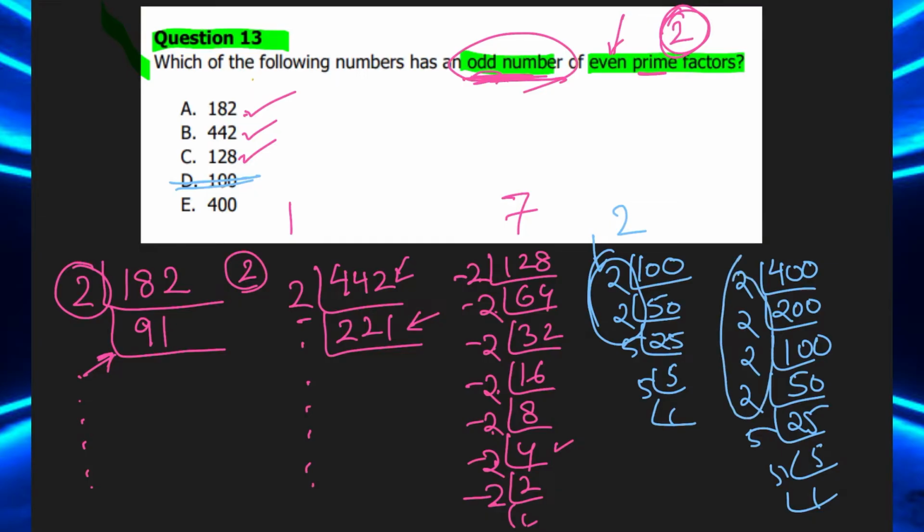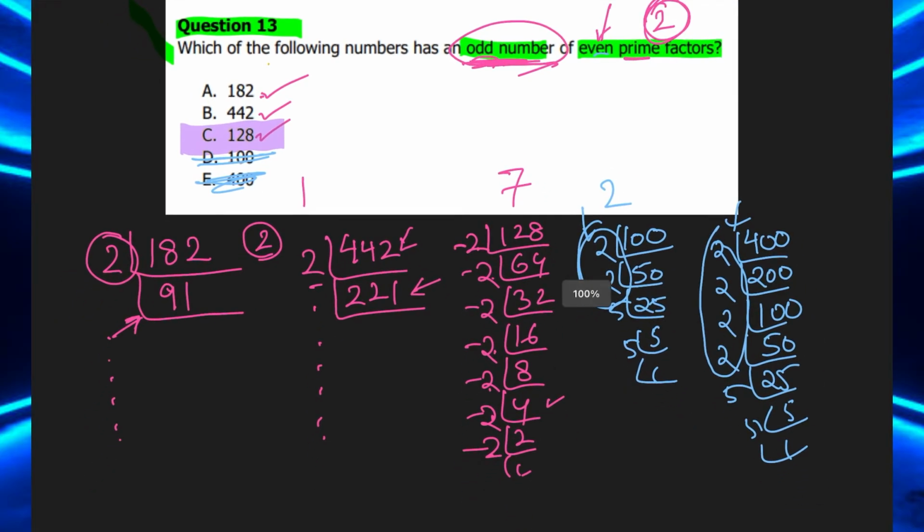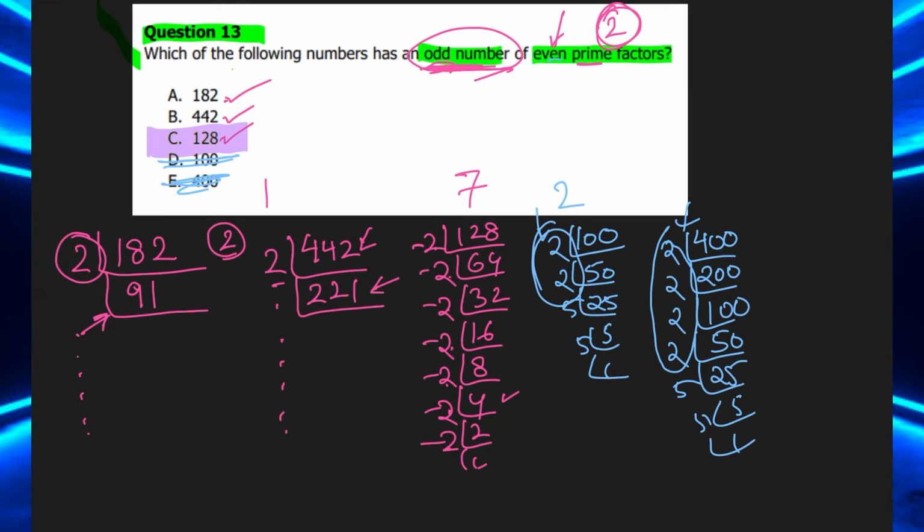This has 4 even prime factors, so this cannot work as well. So apart from D and E, according to me, all these answers should be correct. The answer which they said is correct is only C. I do not understand why A and B do not work in this case. If you have an idea for this question, please answer in the comments.